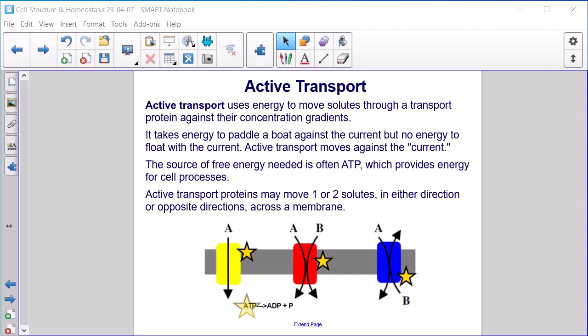Active transport proteins may move 1 or 2 solutes in either direction or opposite directions across a membrane. So the star here is the energy provided via ATP, and we can move a solute in one direction. It could move the solutes in both directions or in opposite directions across a membrane.